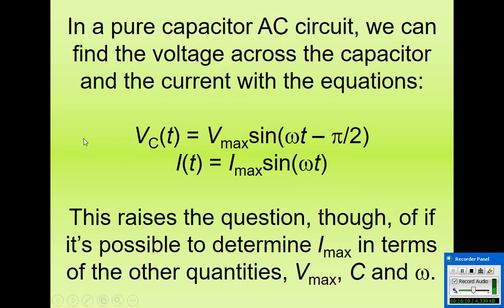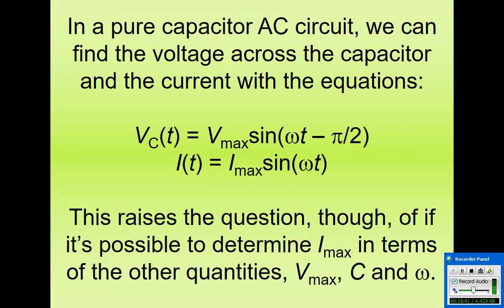Our equations in that context: the voltage across the capacitor as a function of time is equal to the maximum voltage times the sine of omega t minus pi over 2, while the current as a function of time is simply equal to the maximum current times the sine of omega t. Now, is there a relationship between the maximum current and the maximum voltage? Certainly in the case of when we were looking at a resistor, we used Ohm's law.